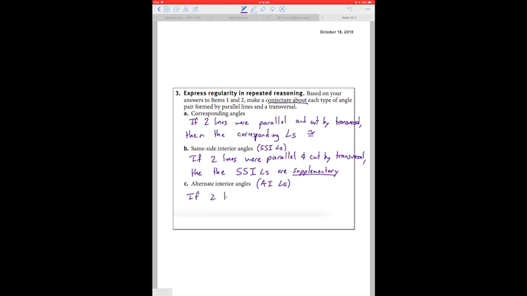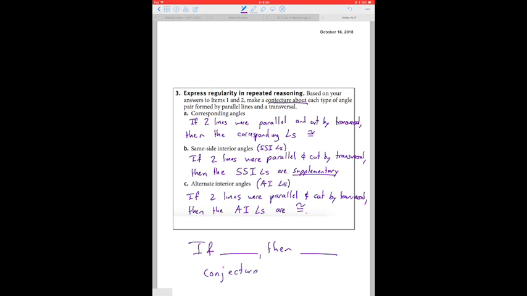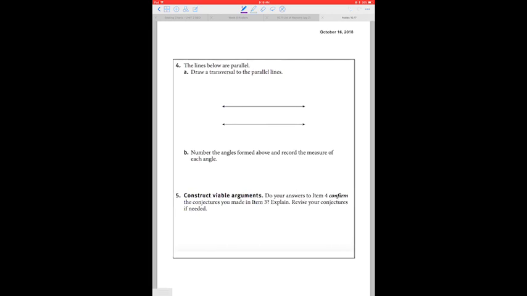So again, if two lines are parallel and cut by a transversal, then the alternate interior angles are congruent. These are written in if, then form, so that makes these conjectures. Alright? We have not proven yet, and that will be our job today, to prove it.